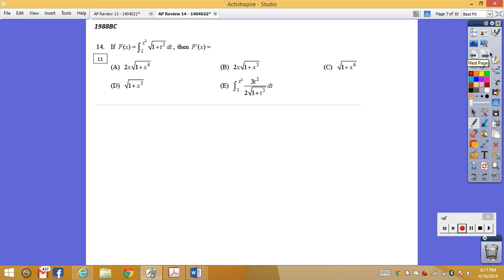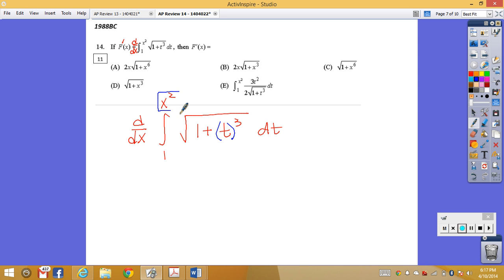Number 14. So f prime of x would be, if I took the derivative of both sides of this little equation here, the derivative of the integral from 1 to x squared of the square root of 1 plus t cubed dt. So first thing, if I'm taking the derivative of an integral, it's as if they're going to cancel. Everywhere that I see a t, I'm going to replace it with this function.